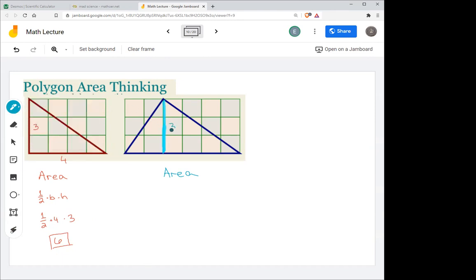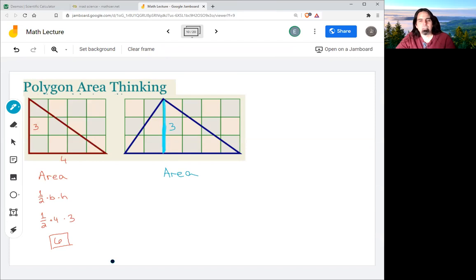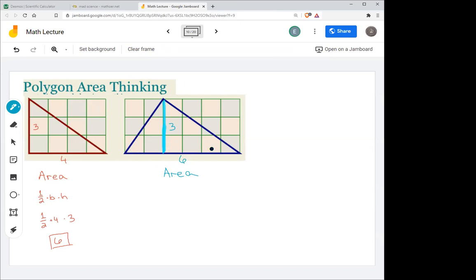That height is 3 again. What's the base, by the way? Is it 6? It is 1, 2, 3, 4, 5, 6.